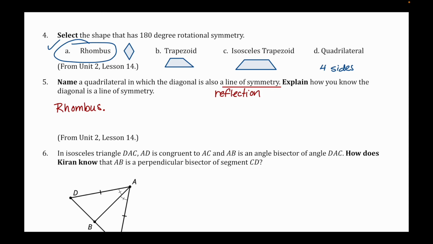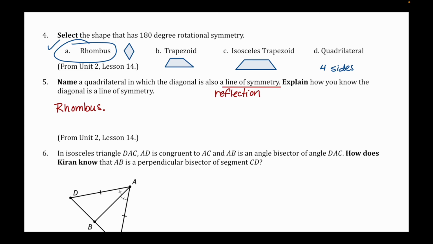We already know with a rhombus that all of the sides are the same length, so the sides would map onto each other. It's just making sure that our angles match up that can be tricky sometimes, and both of the diagonals of a rhombus bisect the angles. So this is the type of shape where the diagonal is a line of symmetry.